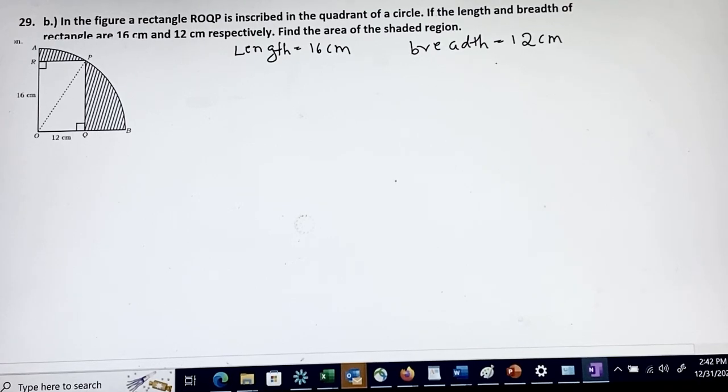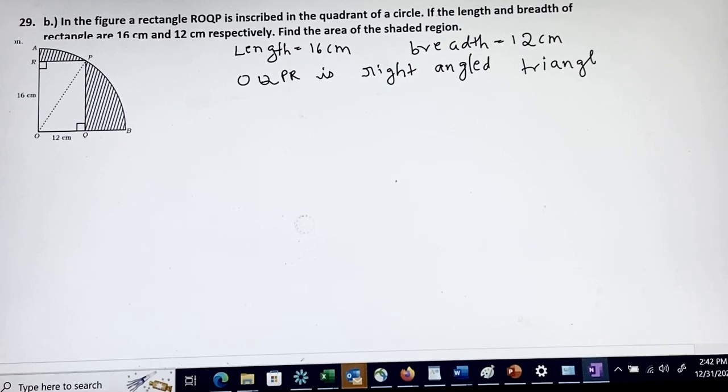Okay, so here in this diagram, OQP is a right angled triangle. Just by looking at the diagram, we can make out that it is a right angle triangle.